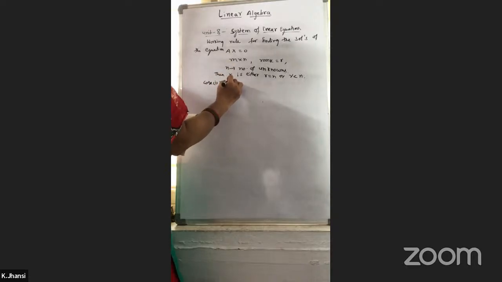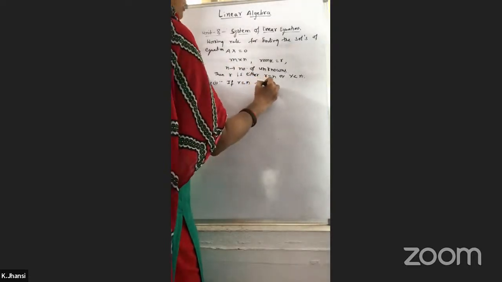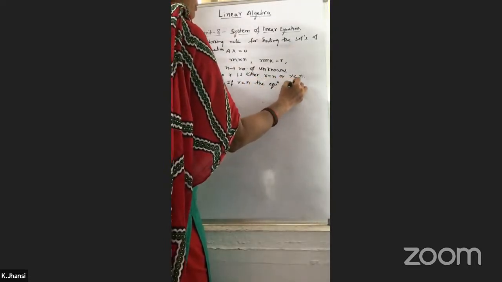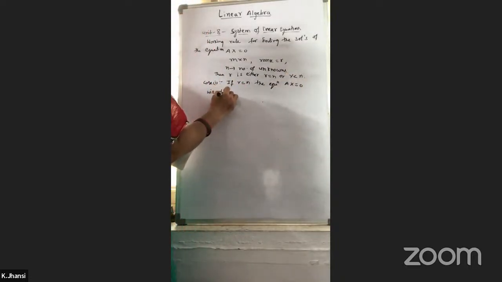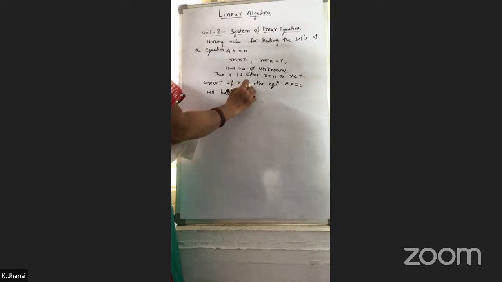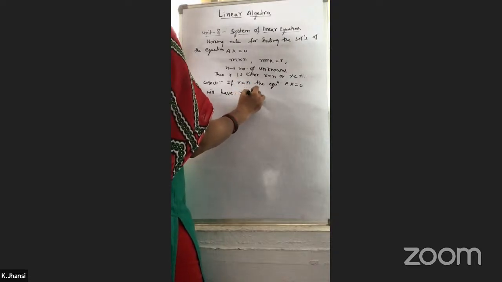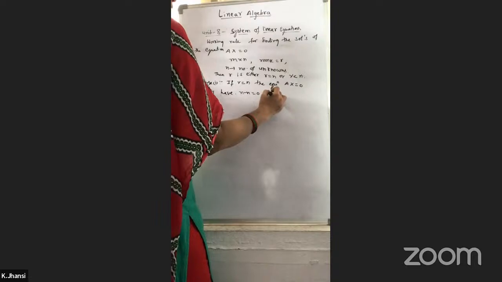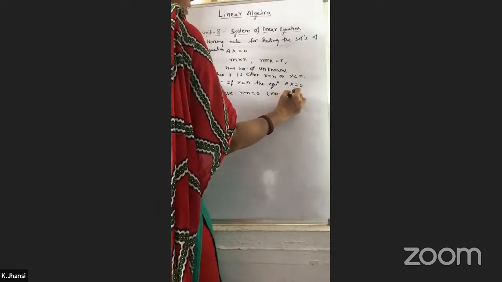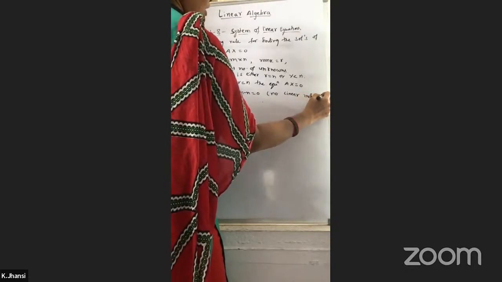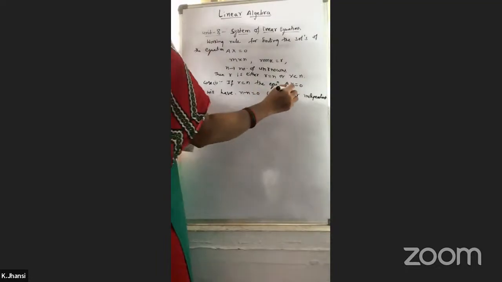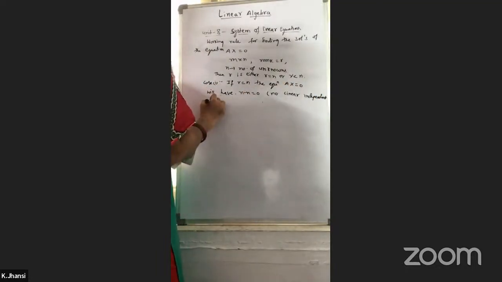First, if r equals n, what is the condition? If r equals n, the equation Ax equals 0 will have n minus r, that is n minus n, which is 0, linearly independent solutions.